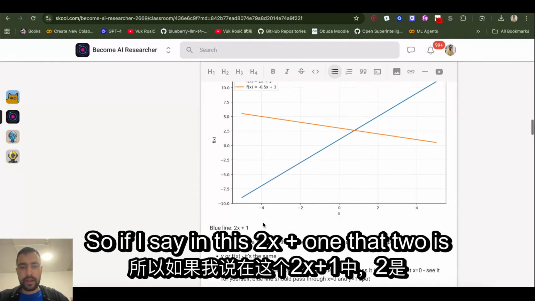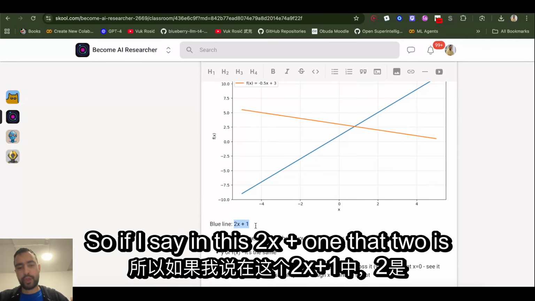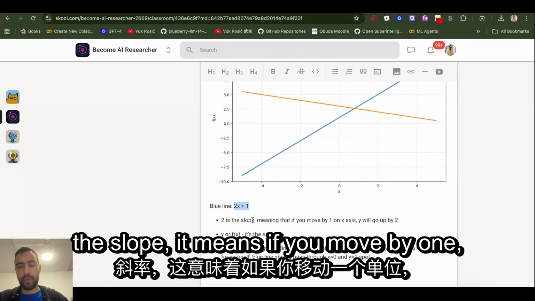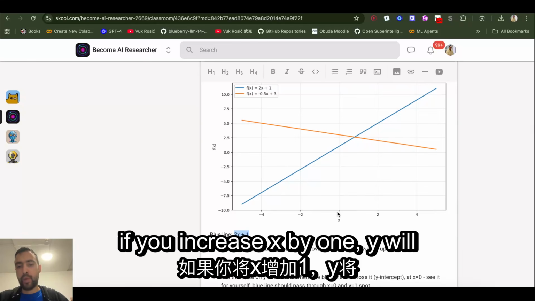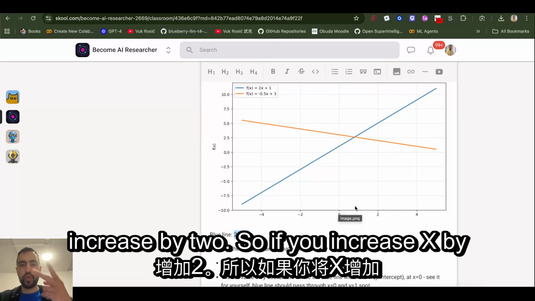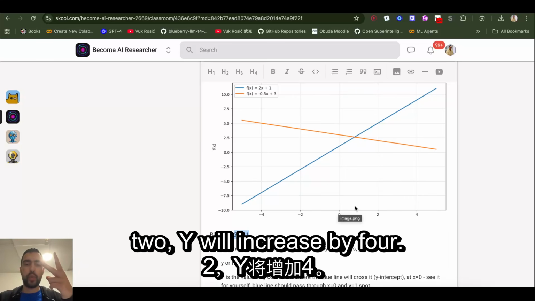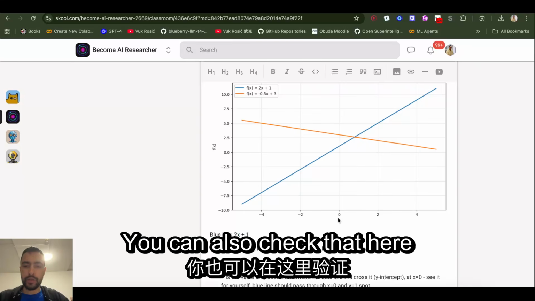So if I say in this 2x plus 1 that 2 is the slope, it means if you increase x by 1, y will increase by 2. So if you increase x by 2, y will increase by 4. You can also check that here.